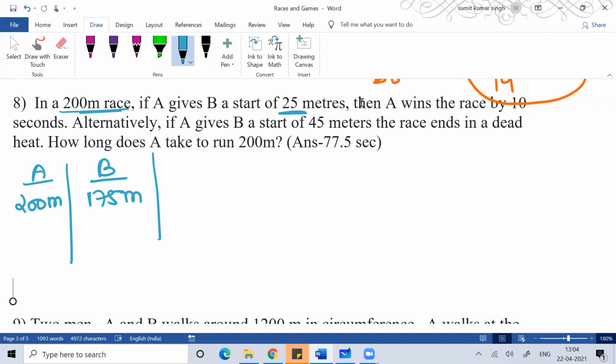If A gives B a start of 25 meter, A will win the race by 10 seconds.